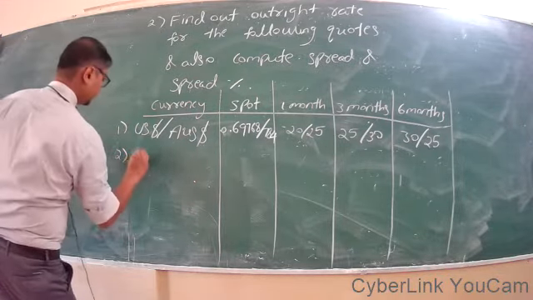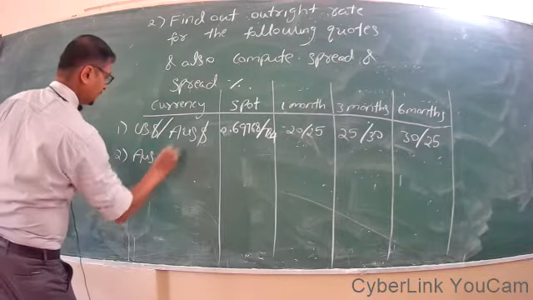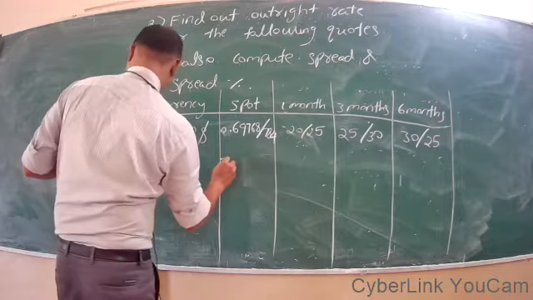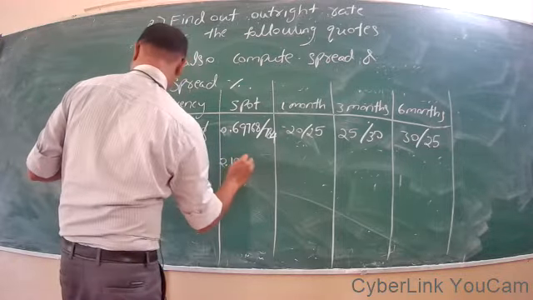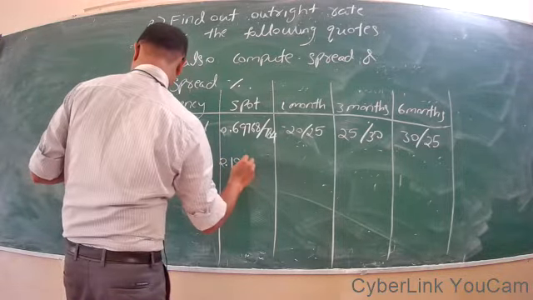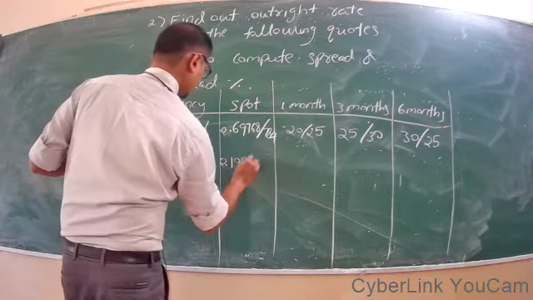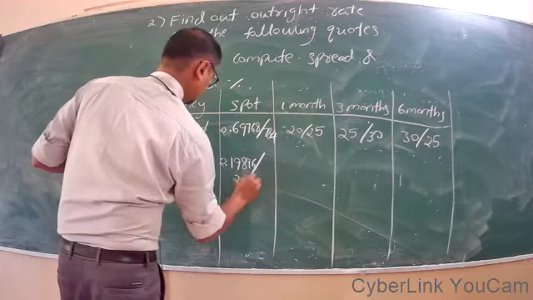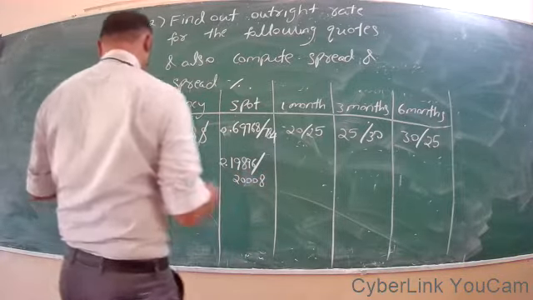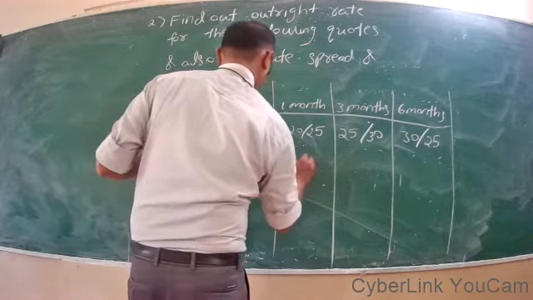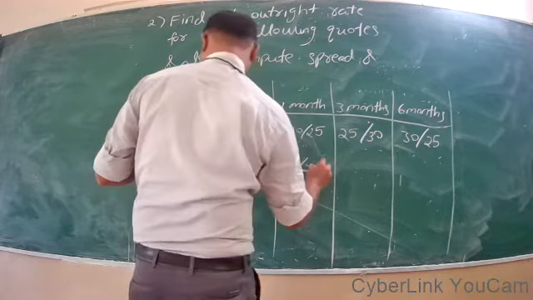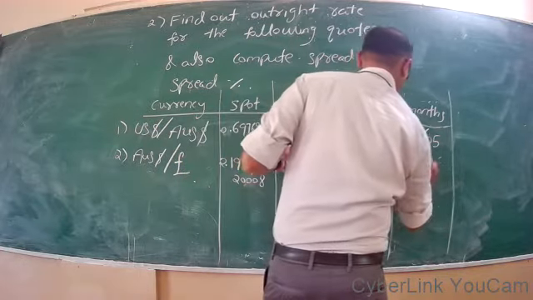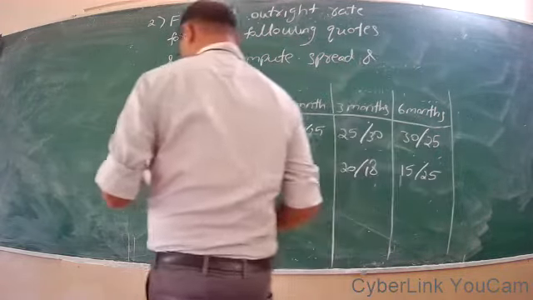Then Australian dollar per sterling pound, 2.19896 oblique 2008. The 1 month swap point is 15 oblique 20, 20 oblique 18 and 15 oblique 25.